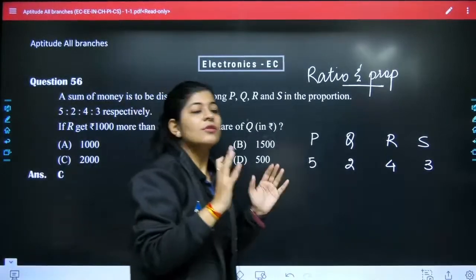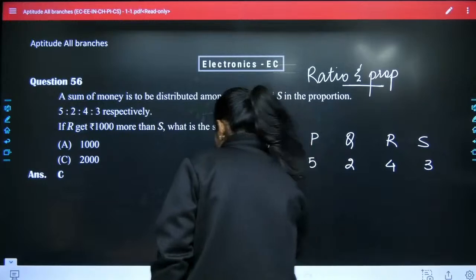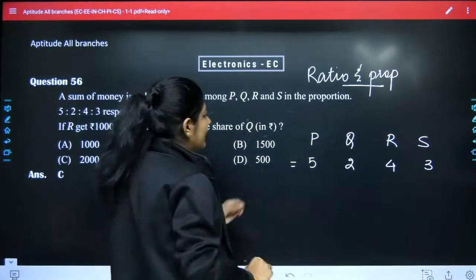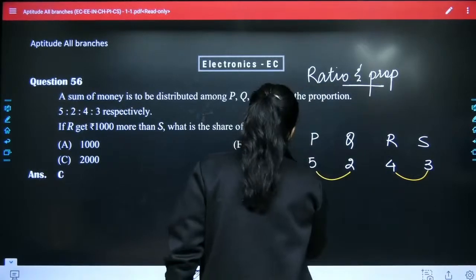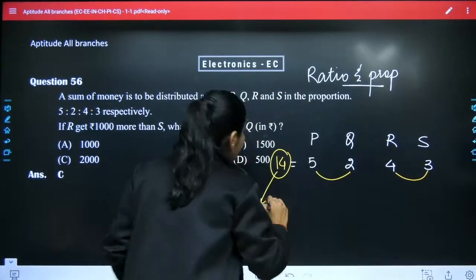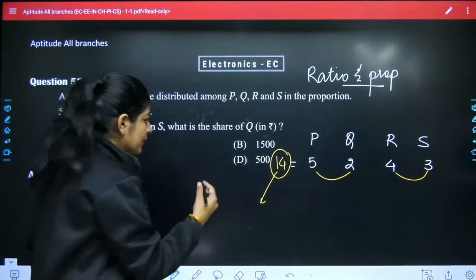If this question is modified and asked like this, find out the total amount, what we can do is find the total number. So this is 7 and this is 7, 14. The number which is a multiple of 14 is a total amount.